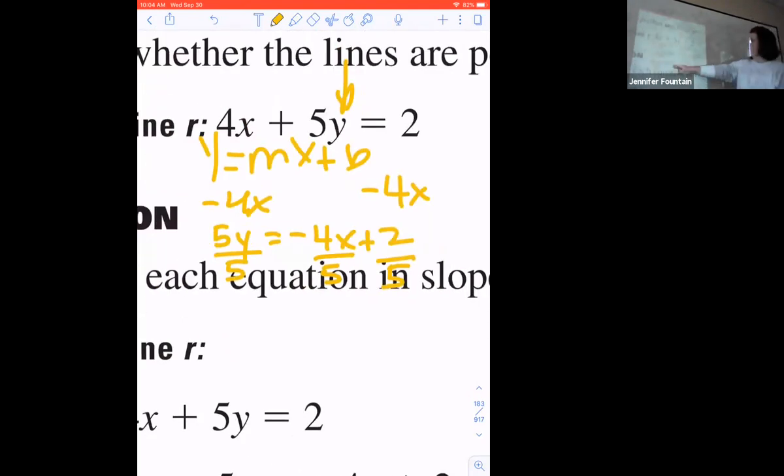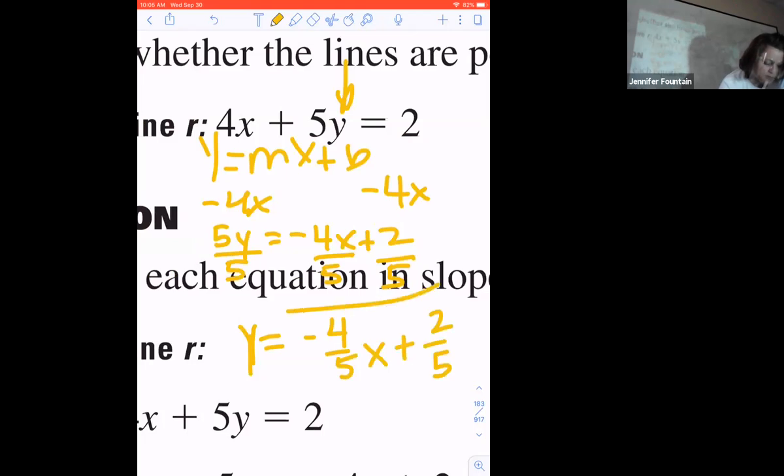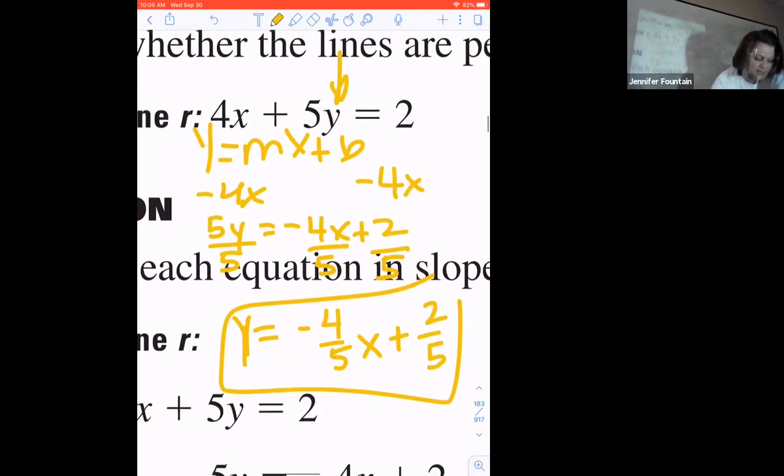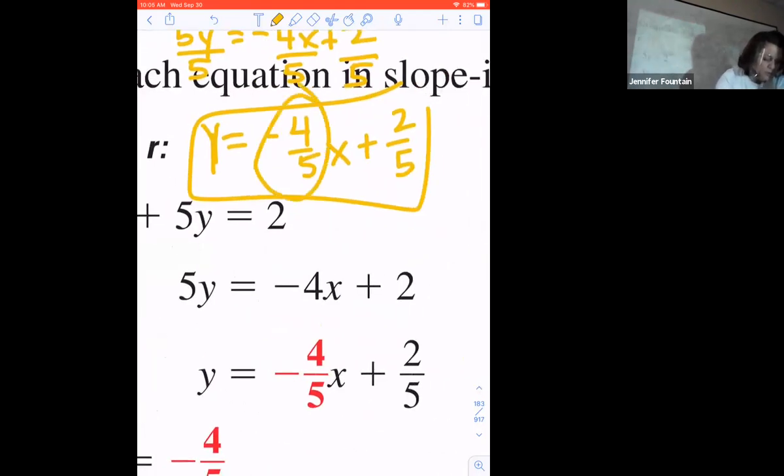So not only do I have to do -4x divided by 5, but I have to do 2 divided by 5. Okay? So I'm going to end up with y equals -4/5 x plus 2/5.